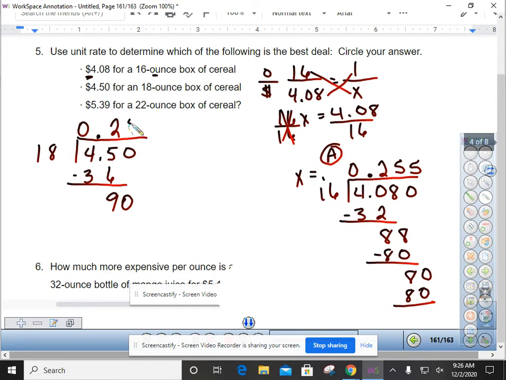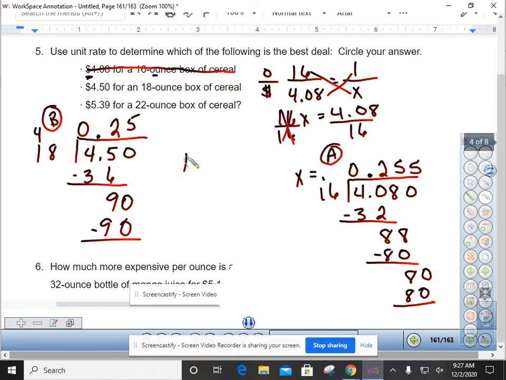Is 5 going to work? Yep. So that's 0.25. This is for letter B, the second one. Which one's a better deal so far? This one costs more. So it's B, right? So it's not the first one.